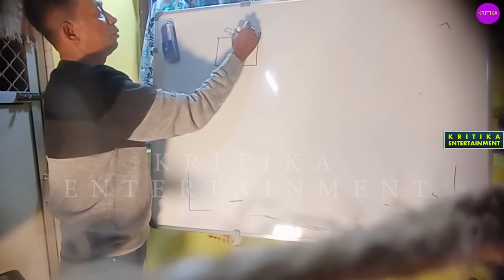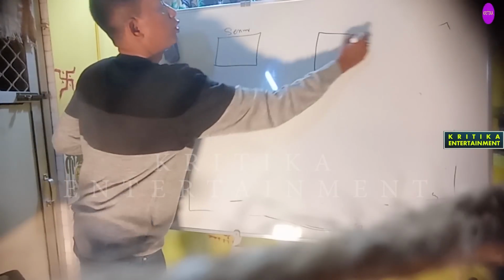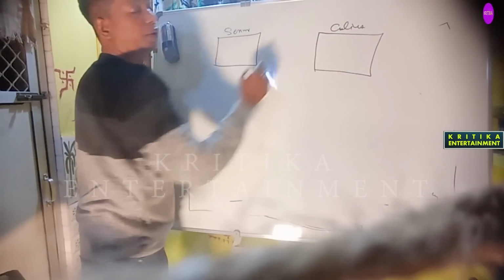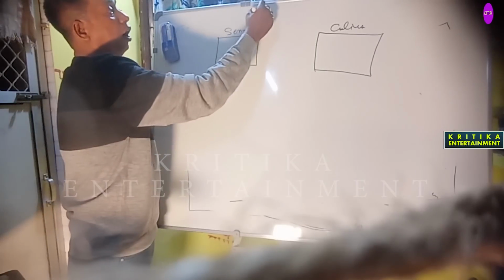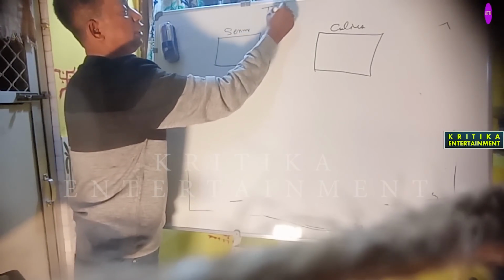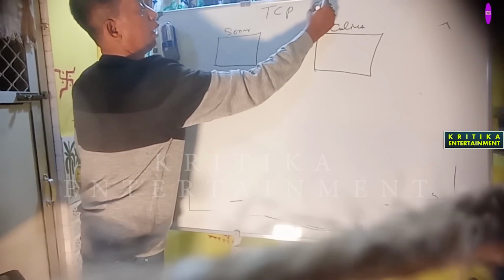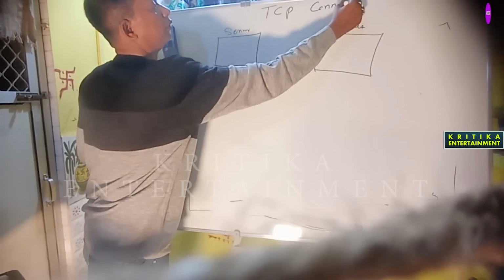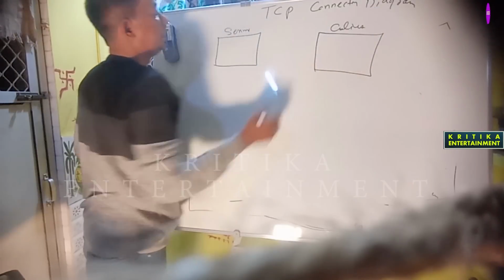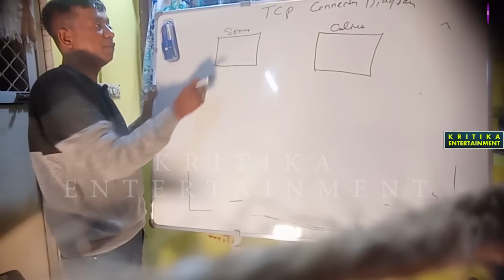This is the server machine and this is the client machine. Now let's discuss the TCP connection diagram. This is a server.